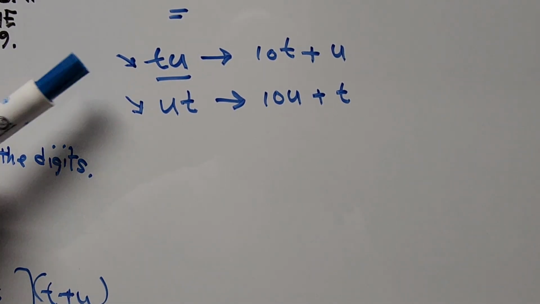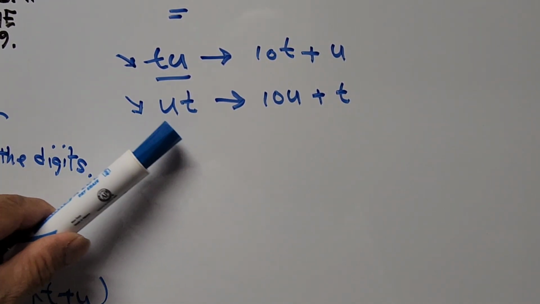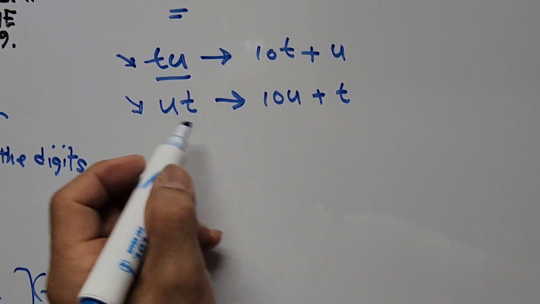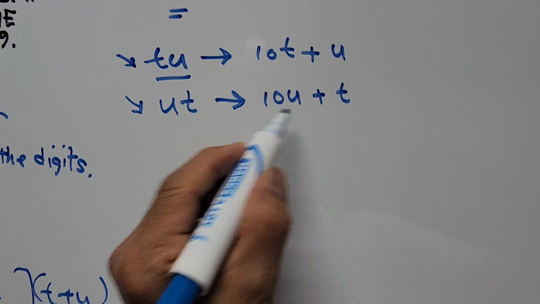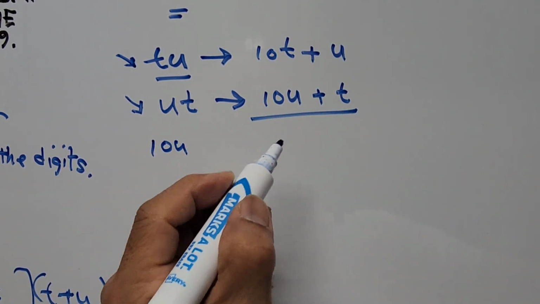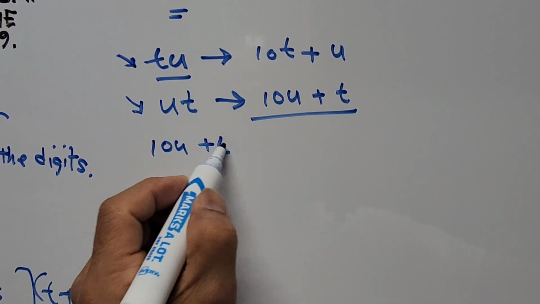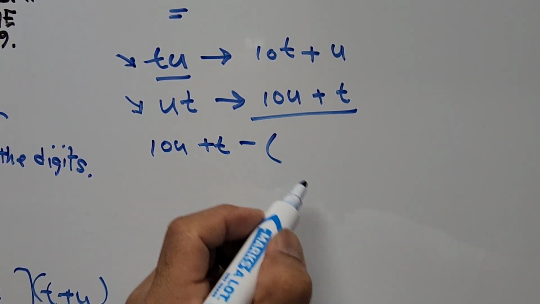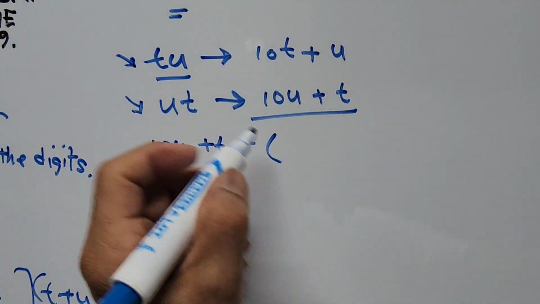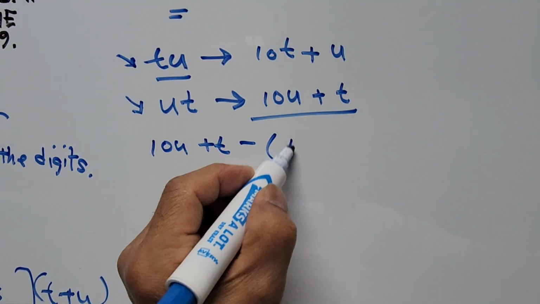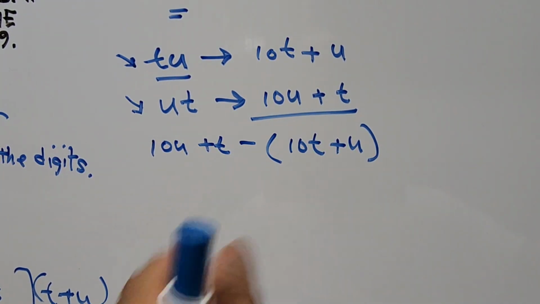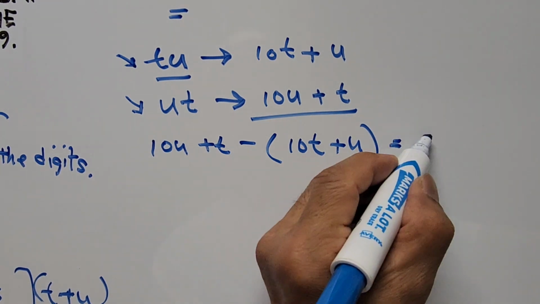So we subtract the smaller from the bigger one, right? The bigger one is UT, that is 10U plus T in expanded form, minus the original number TU in expanded form, that is 10T plus U. Subtract the whole thing. So the difference is 9, right?